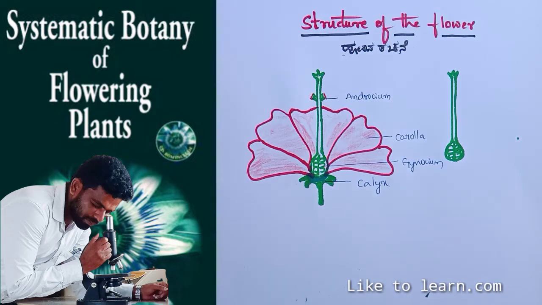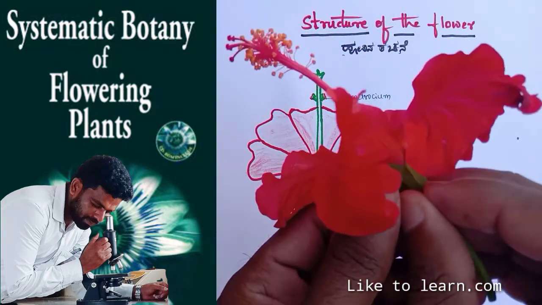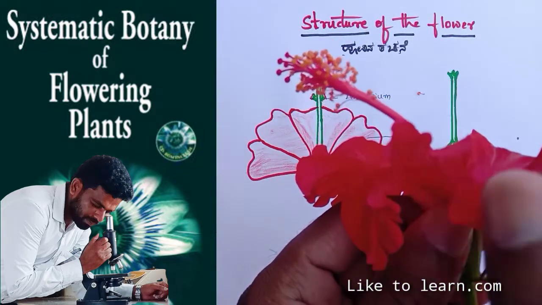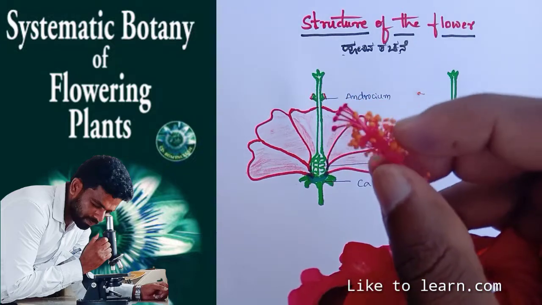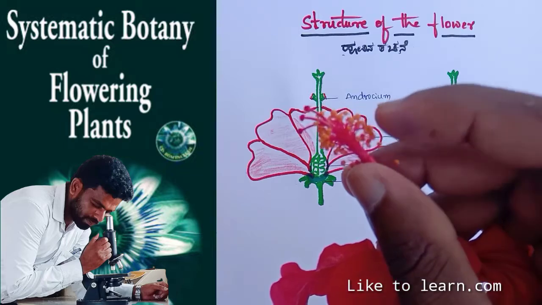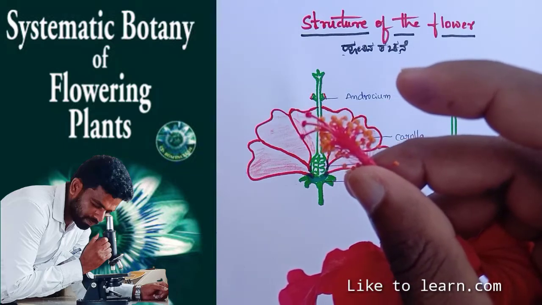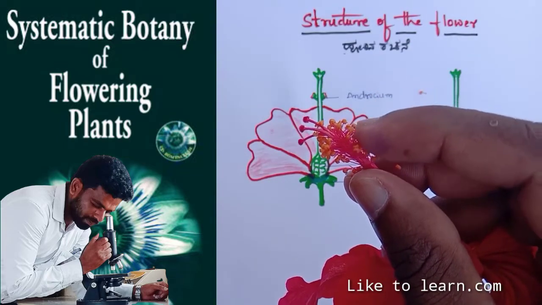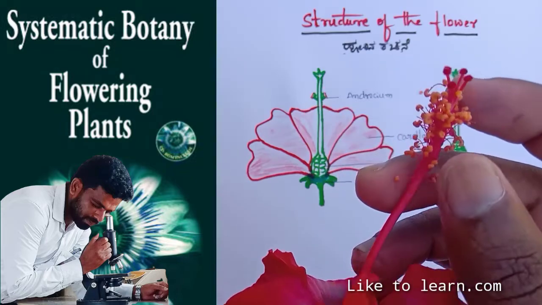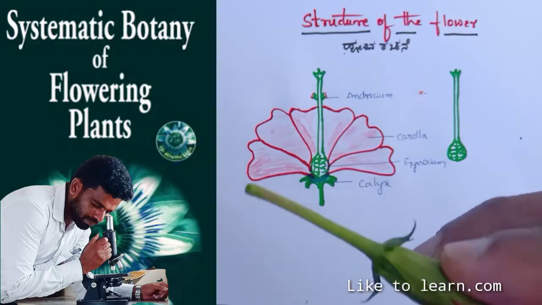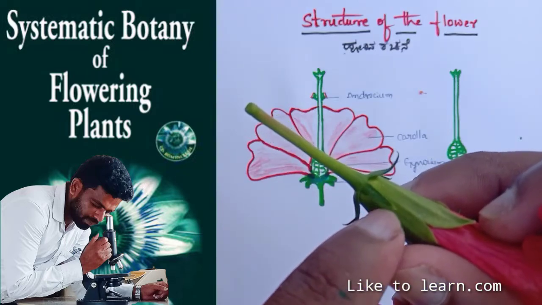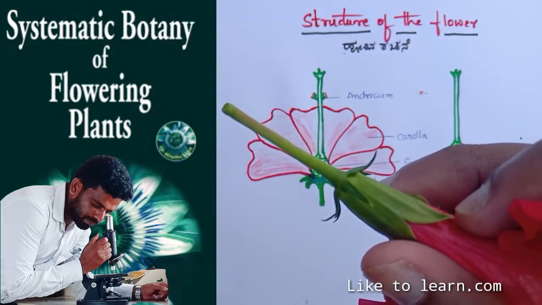Next, the second whorl of the flower is corolla. This is the androecium. Gynoecium is present in this part. We can see it later.